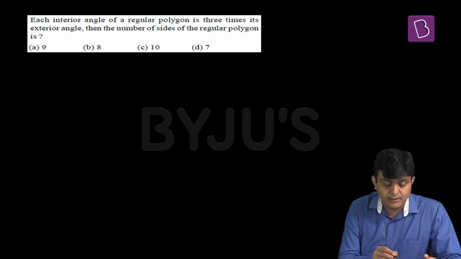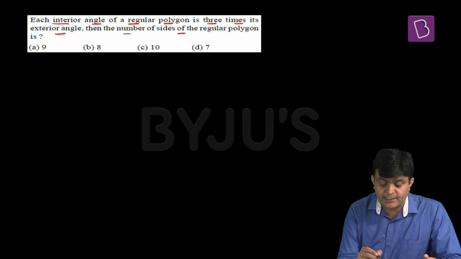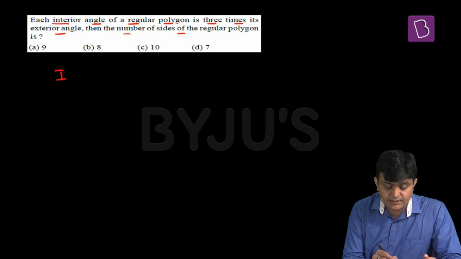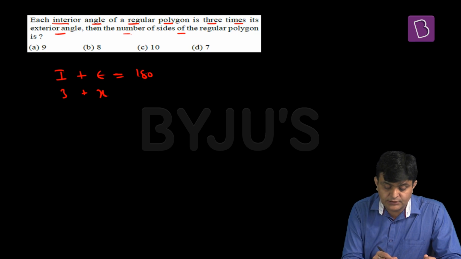Now the next example is, each interior angle of a regular polygon is 3 times its exterior angle, then find the number of sides. Let I be the internal, E be the external, sum becomes 180, we know it. Let the exterior be x, so the interior is 3x, and the sum is 180.